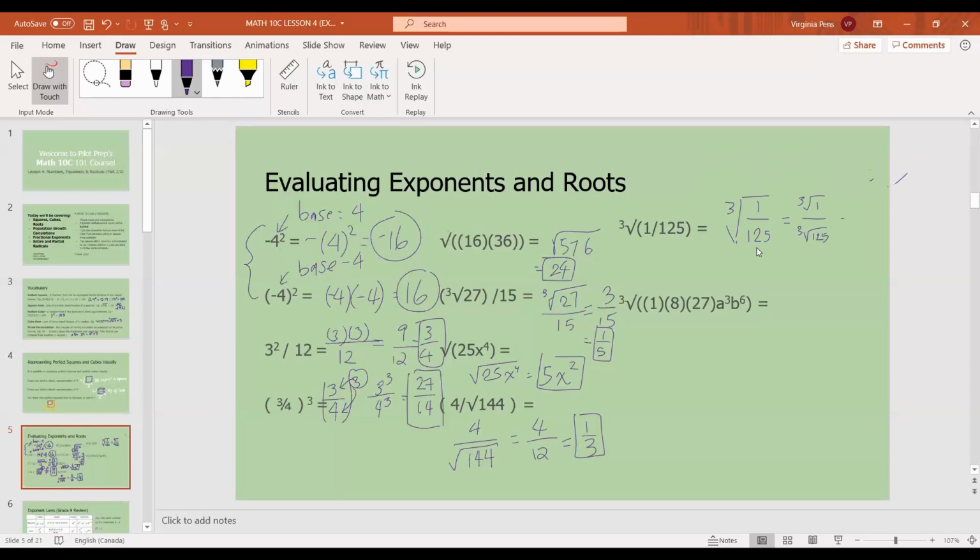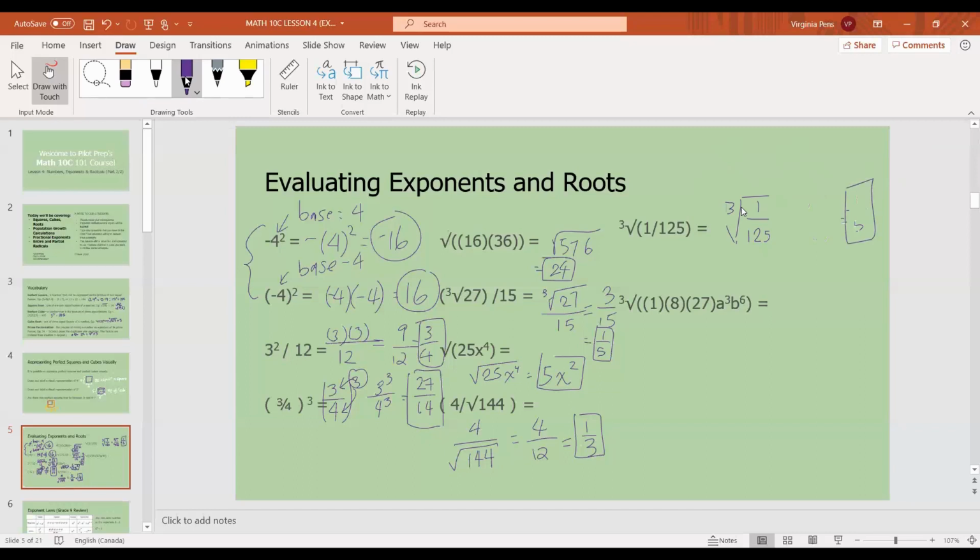So now we just figure out each of the numbers individually. The cube root of 1 is easy, it's just 1. And then the cube root of 125, it might not hit you right away, but it's 5. You'll start to notice these numbers after a lot of practice. All right, so our final answer is 1 over 5.